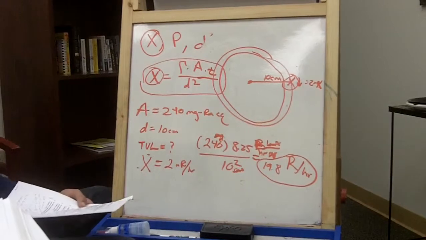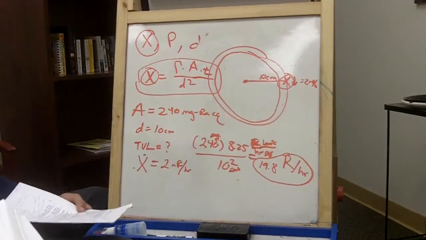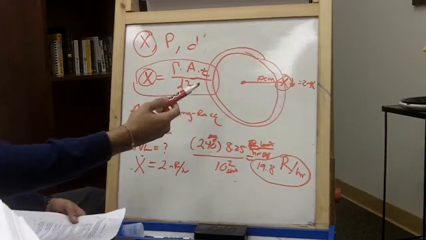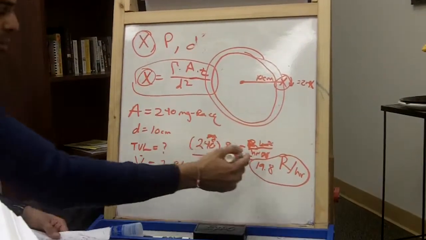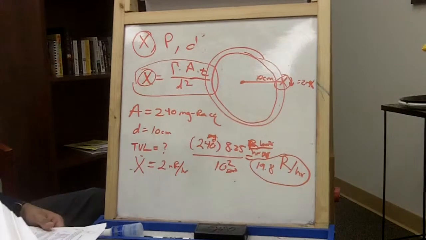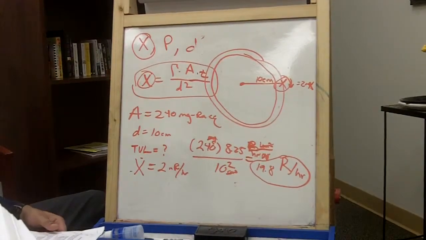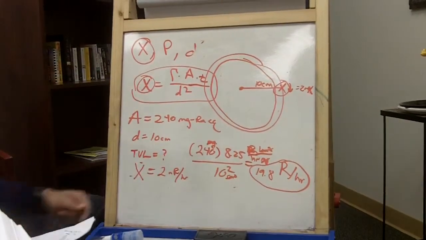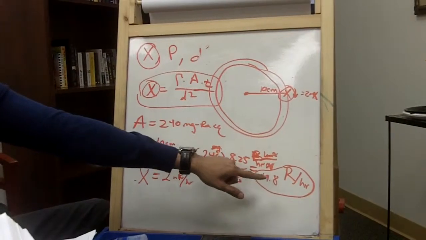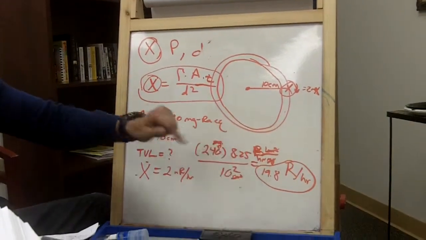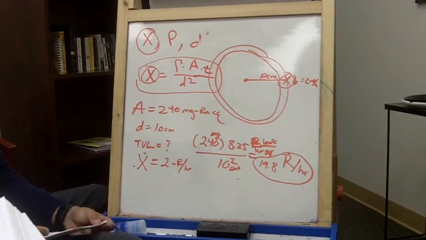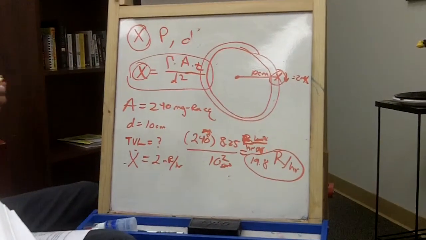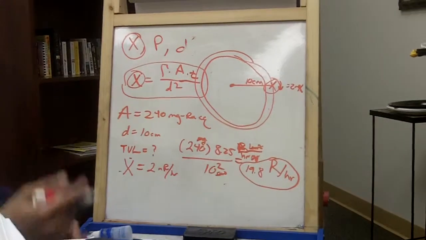What do you want to do? Convert the roentgen to milli. That's easier for me; you could do it either way. So how many milliroentgens would this be? First, don't say a number, but think about it. If this is 19.8 roentgens per hour, would it be more or less milliroentgens? It's going to be more, because it would be more of these little tiny milliroentgens.